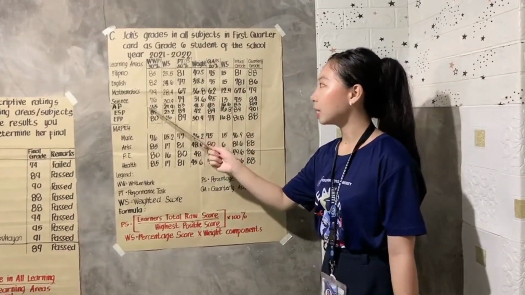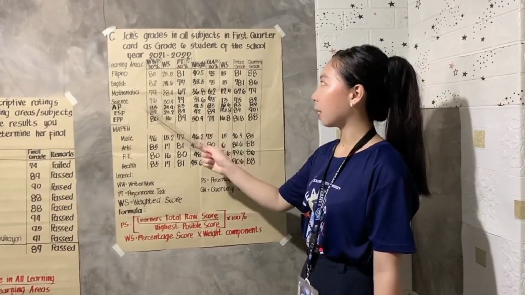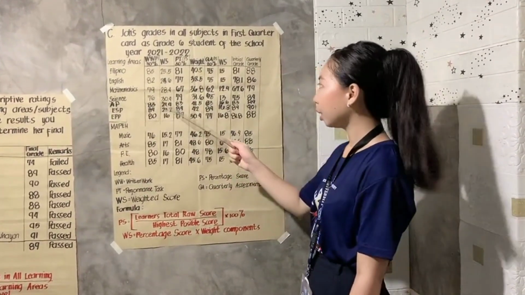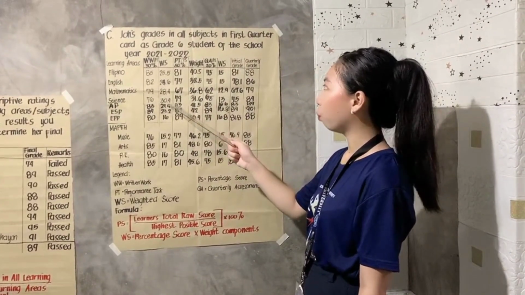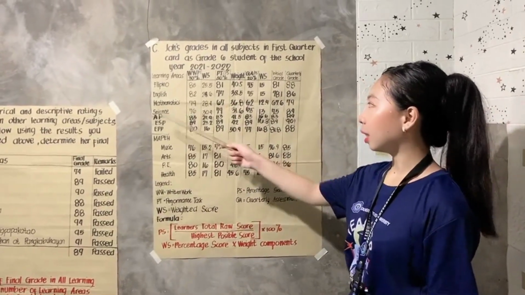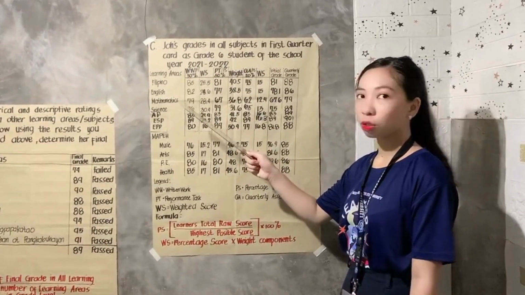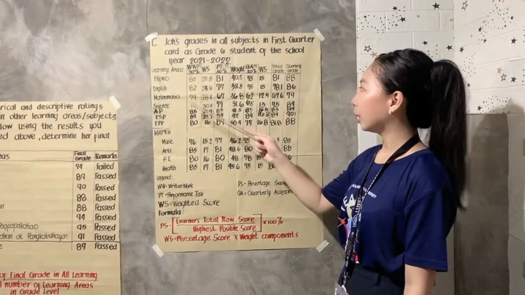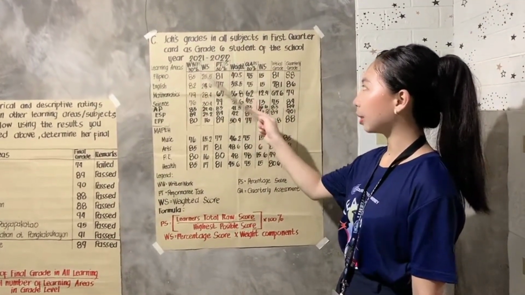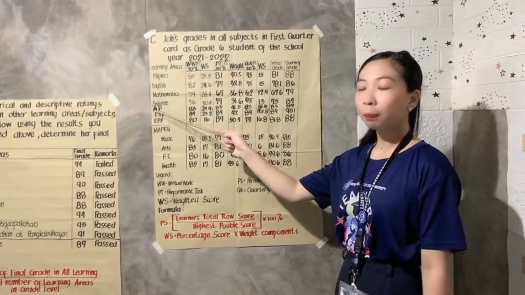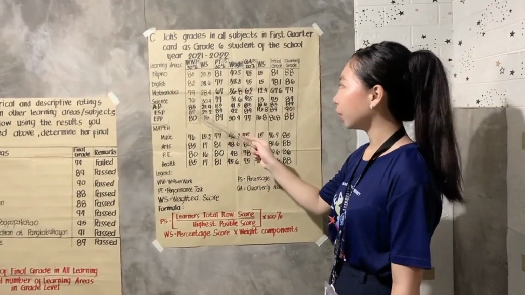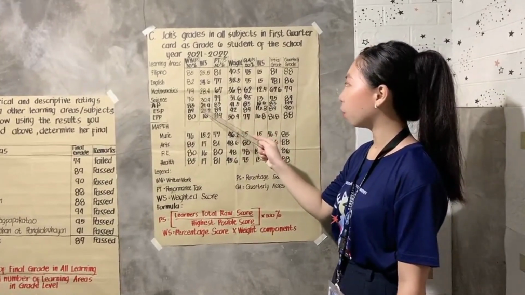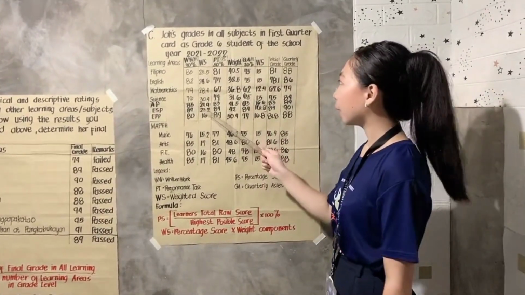For Science, he got a 76 percentage score, multiplied by 0.30, he got 30.4 as a weighted score. In Araling Panlipunan, he got 83, multiplied by 0.30, he got 24.9 as a weighted score.